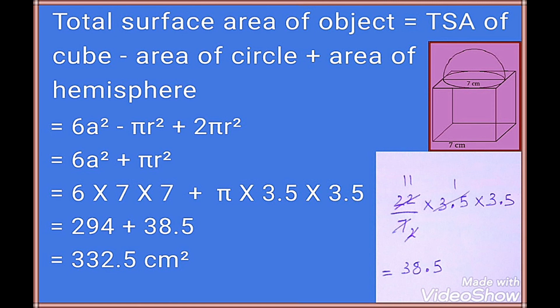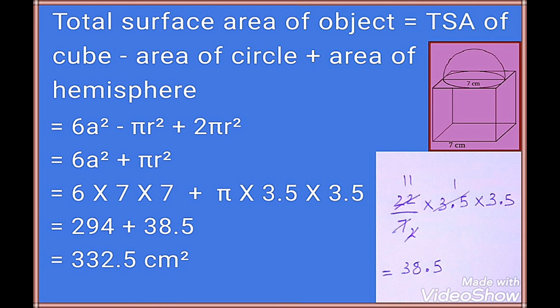When you substitute the values, you will have 6 into a value is 7. So we are going to write 7 into 7 plus pi into radius is going to be half of diameter, that is 7 by 2, which is 3.5. So we have 3.5 into 3.5. Now pi value is 22 by 7 into 3.5 into 3.5. 3.5 into 2 is 7.